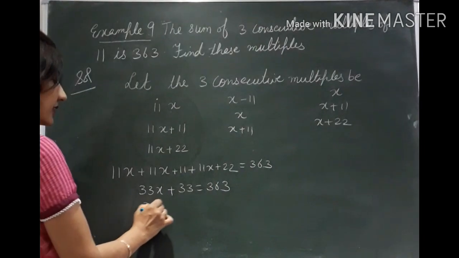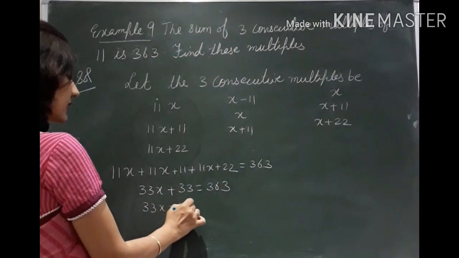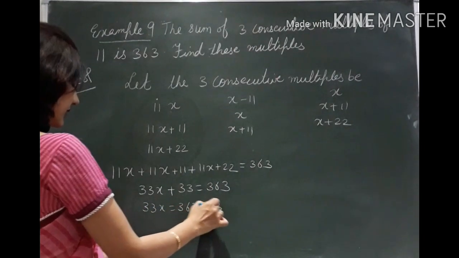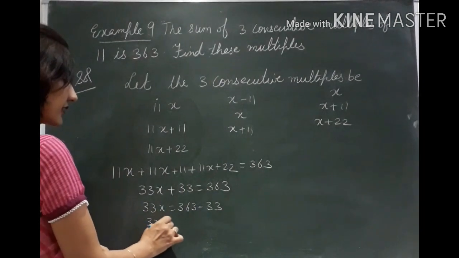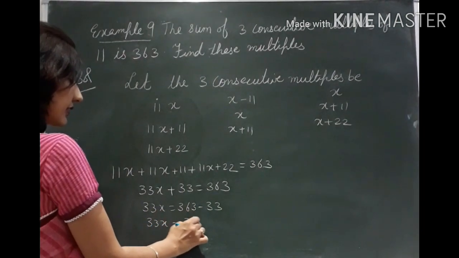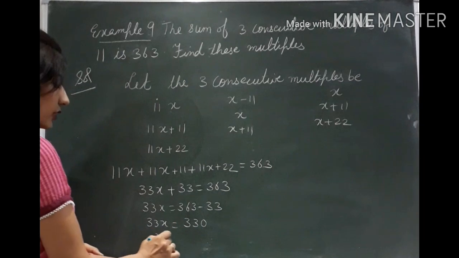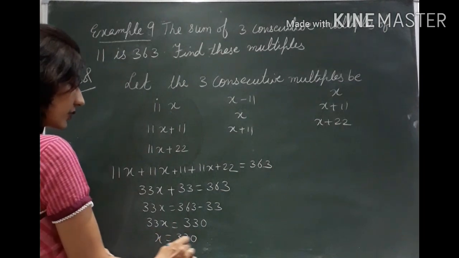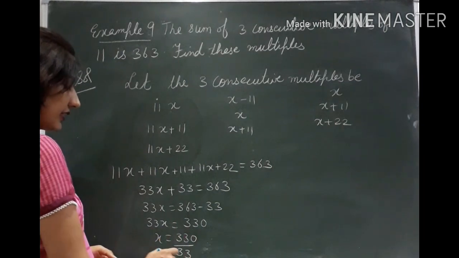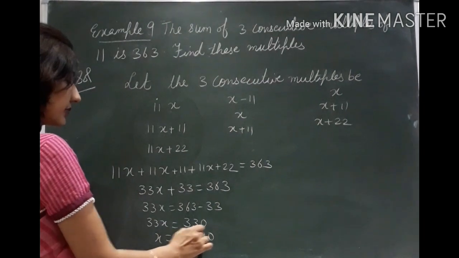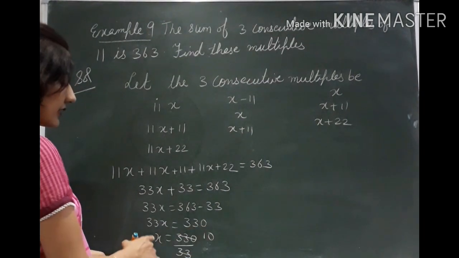So 33x equals to 363 minus 33, or 33x equals to 330, or x equals to 330 divided by 33. When you cancel, it will come 10. So the value of x is 10.